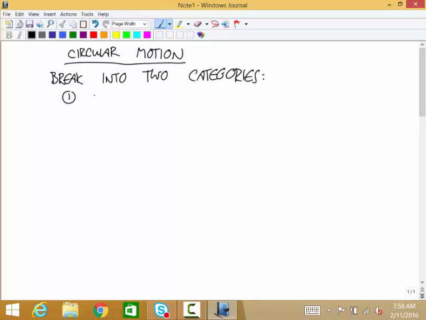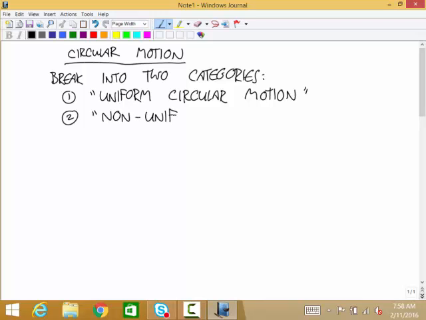The first one is called uniform circular motion. And the second one is non-uniform circular motion. That one's not very creative.